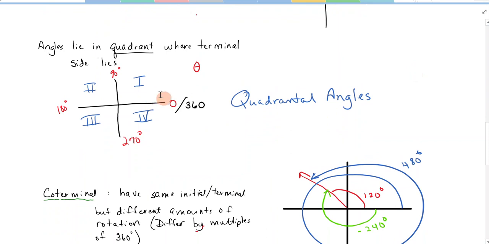And we number our quadrants counterclockwise, 1, 2, 3, 4. So anything between 0 and 90 is in quadrant 1. Between 90 and 180, it's quadrant 2, etc. And the angles that are at the edges are called quadrantal angles. So 0, 90, 180, and 270.